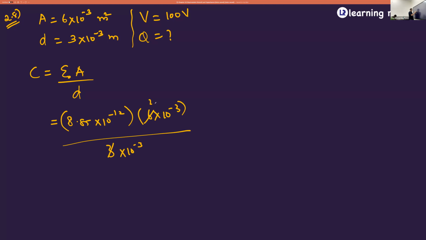So the 3 will cancel this 2 times. The answer will be approximately 17 into 10 power -12 farad. The unit of capacitance is farad, so you will have 17 picofarad. That is going to be the capacitance in this scenario.